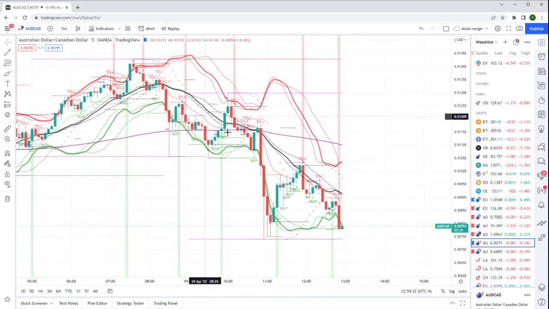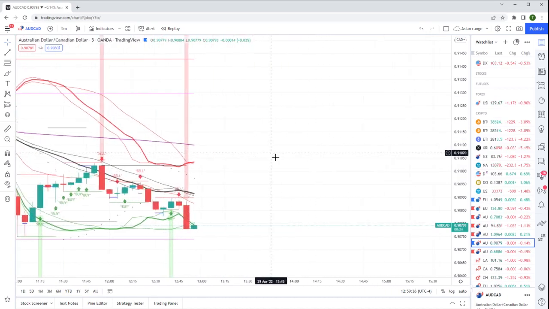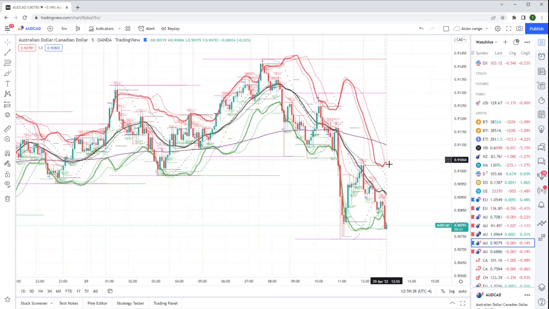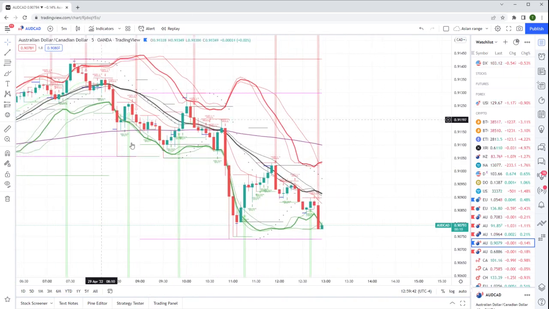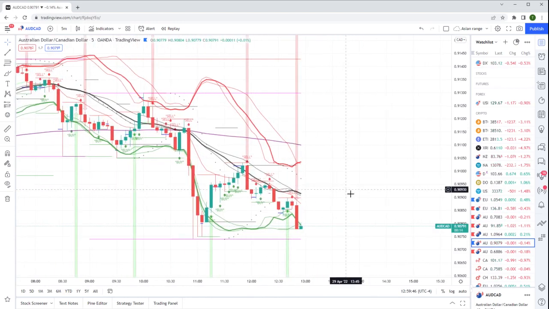This is just how I like to have mine set up. Here you can see it's a lot. It's pretty overwhelming at first, but we're going to dive into exactly what this indicator does and the things that you're going to be looking for so you can learn how to read this.